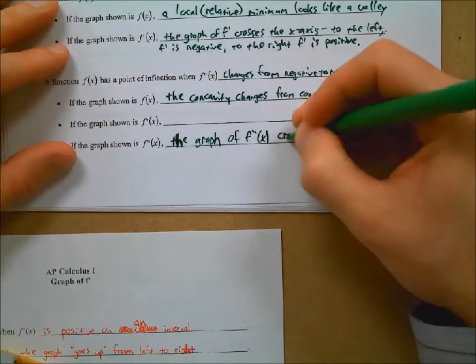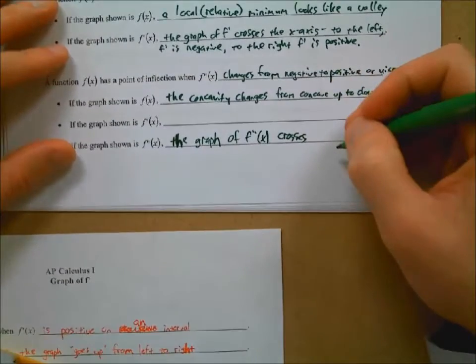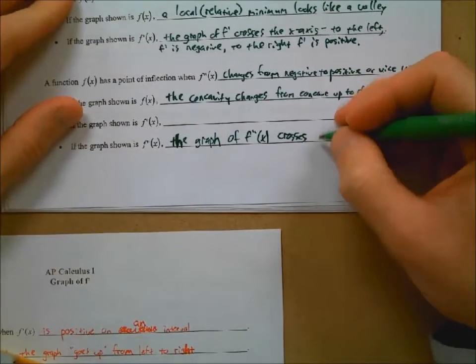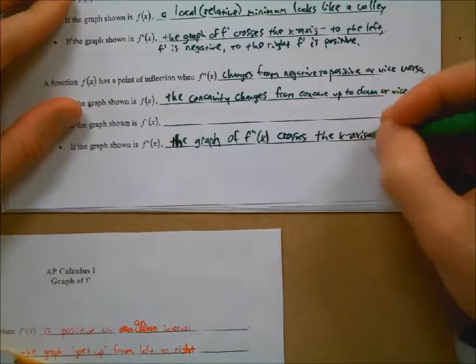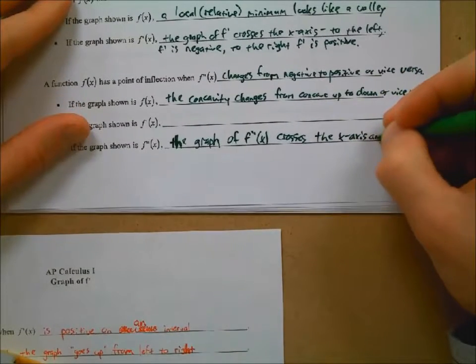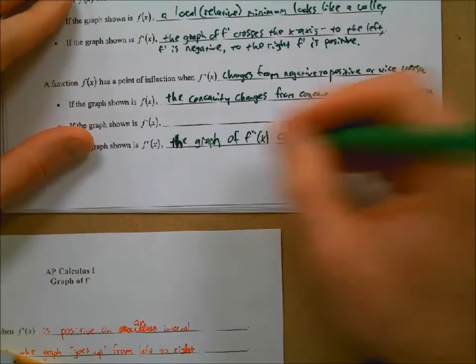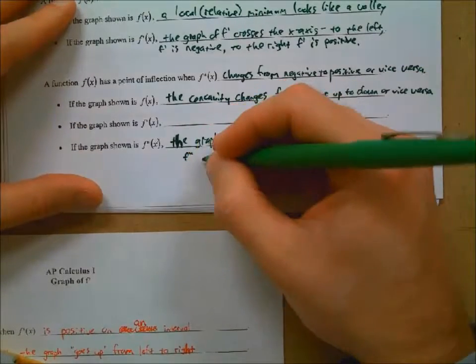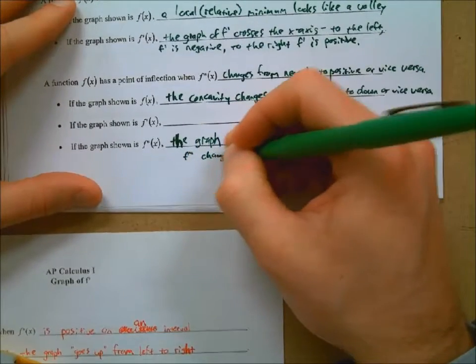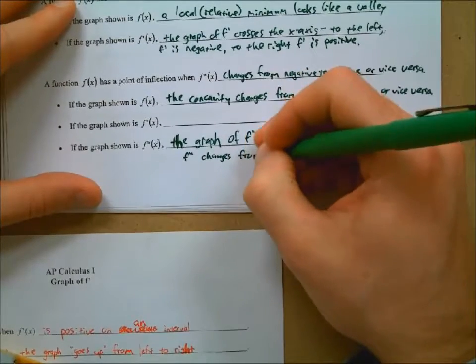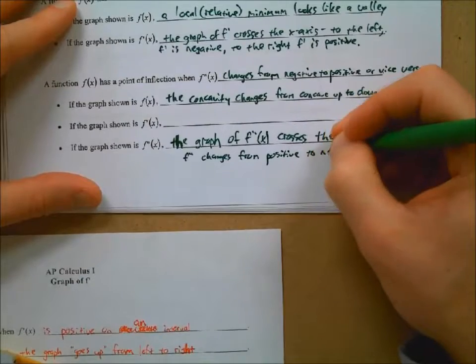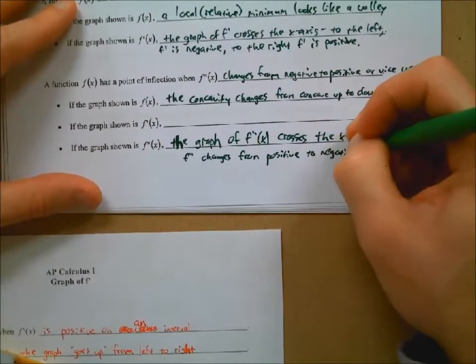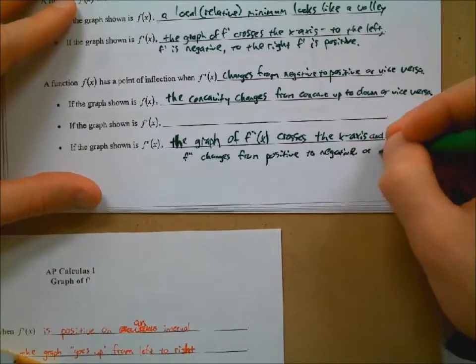So how do we set it equal to 0 in the graph? Well, where the graph of f prime prime crosses the x-axis. Those are our zeros. And f prime prime changes from positive to negative or negative to positive at that point.